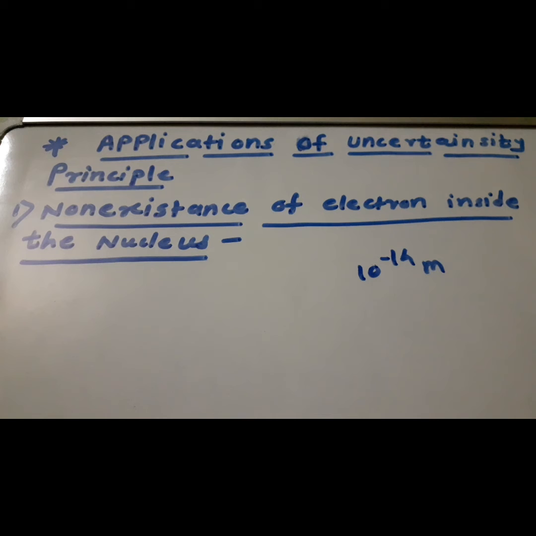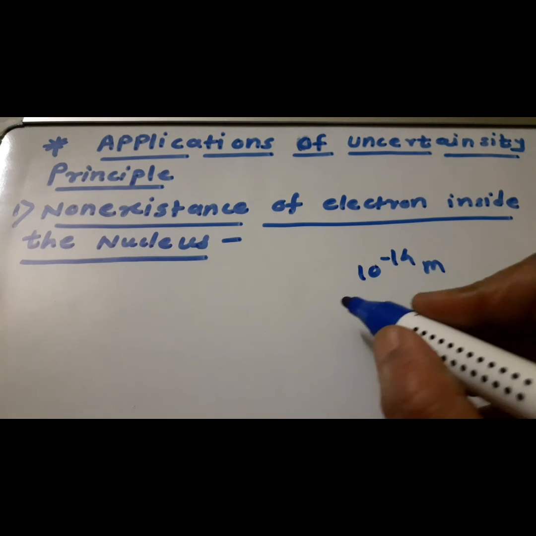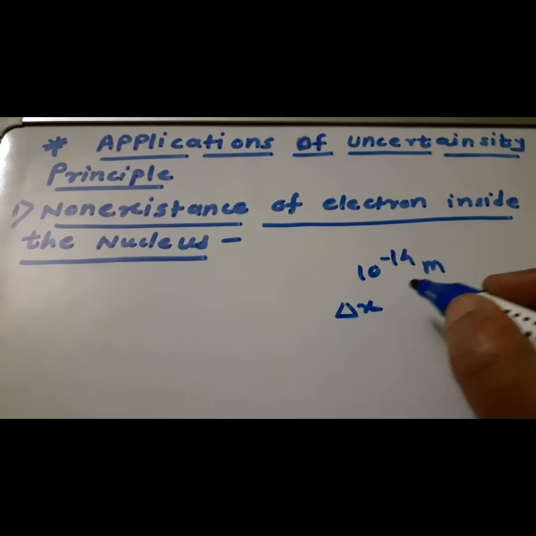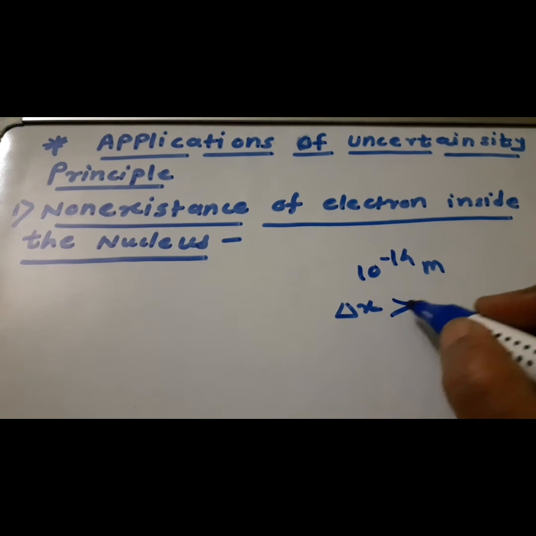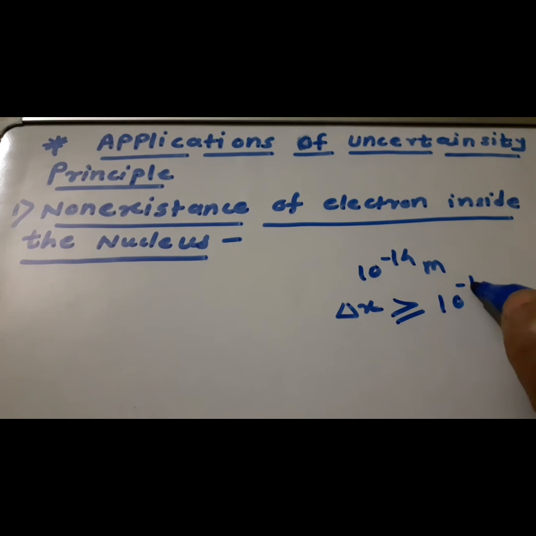Hence, if the electron is to exist within the nucleus, the uncertainty in its position is given by delta x greater than or equal to 10 to the power minus 14 meter.